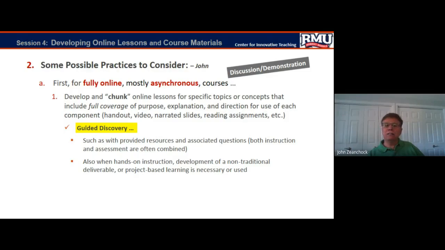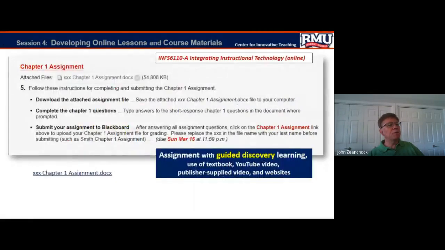And so we're going to take a look at some examples here. The first one, with regard to guided discovery learning, is when you use multiple instructional materials, such as textbook, some YouTube videos, maybe even a publisher supplied video if they're available through the supplementary materials that come with textbooks, or even websites.